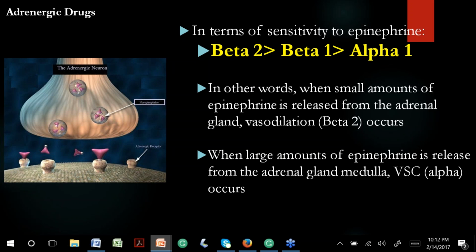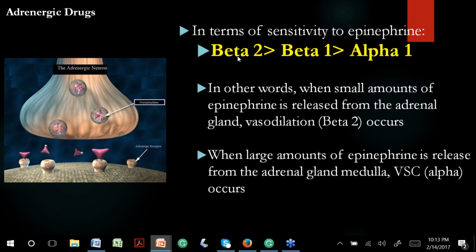But before this, we have the sensitivity of these adrenergic receptors to the epinephrine. Beta 2 is more sensitive to adrenaline than beta 1, and beta 1 more sensitive than alpha 1.